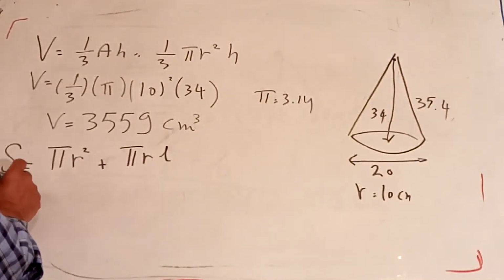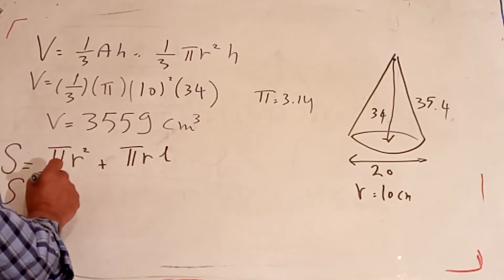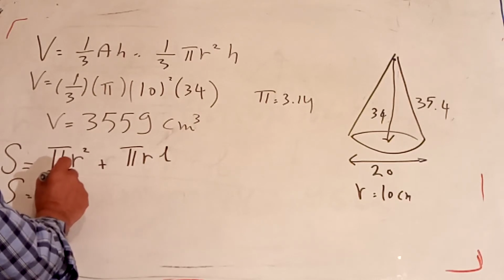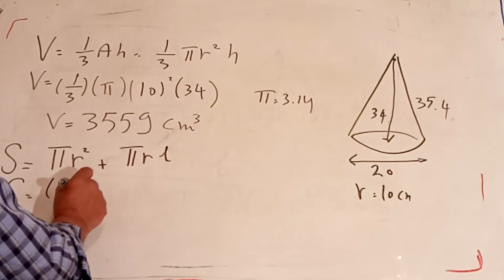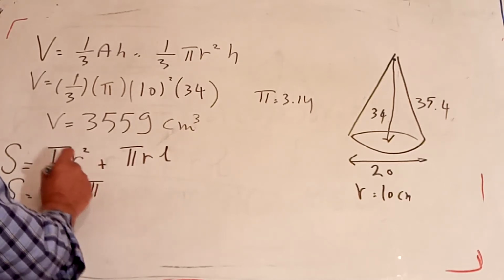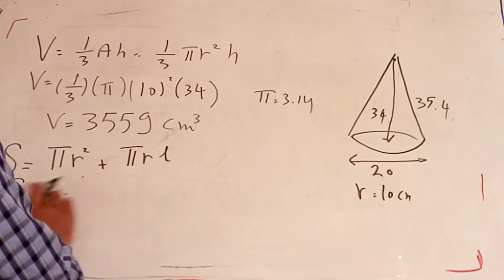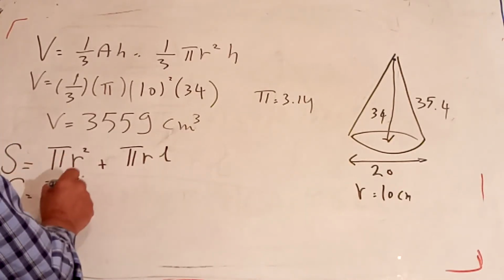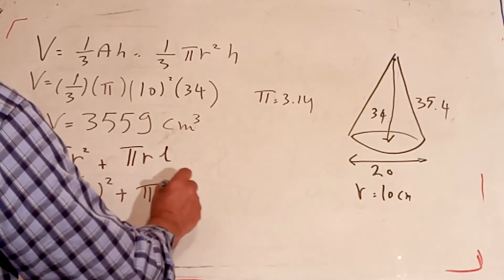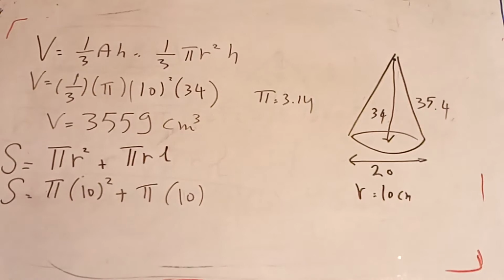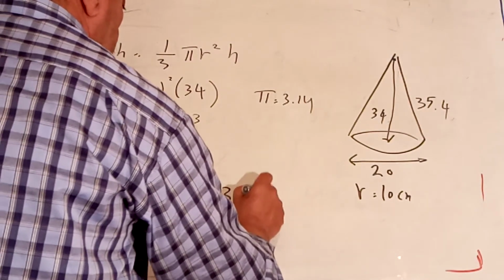So S will be pi r squared, which is 10 squared multiplied by pi. Let's start with pi first. Pi multiplied by 10 squared plus pi multiplied by 10, the radius, multiplied by L, which is 35.4.